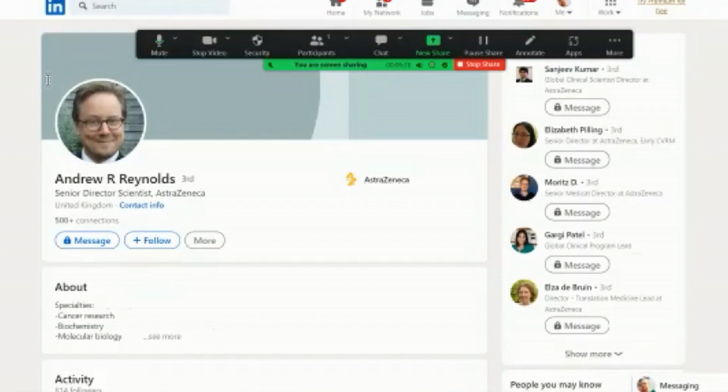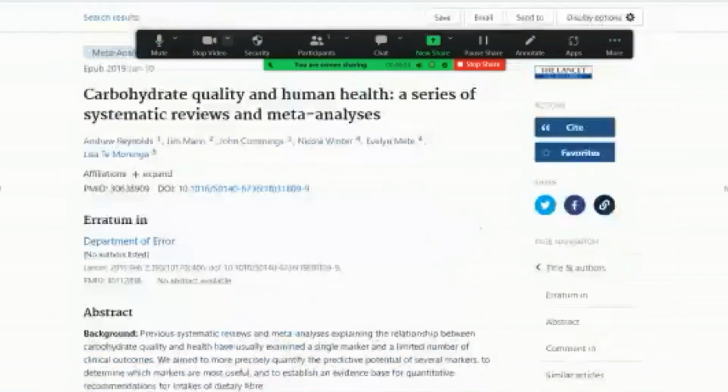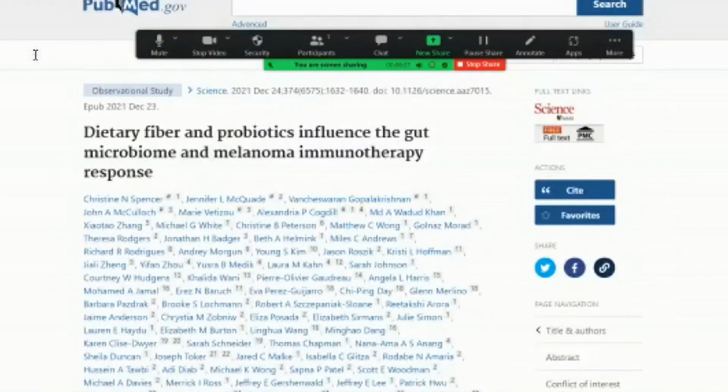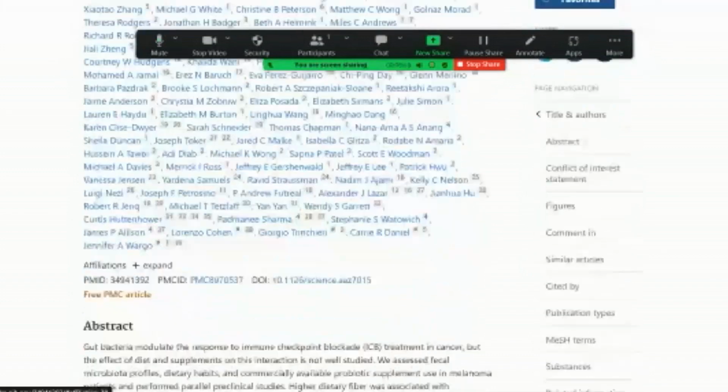Andrew Reynolds, senior director scientist, so important person, AstraZeneca. It's crazy, really. So then you've got to look at this one, dietary fiber and probiotics. I'm going down the fiber route here because I find it quite amazing that some people feel that these studies are useful. It's really not the case. They've got a ton of authors in this and research, Christ.